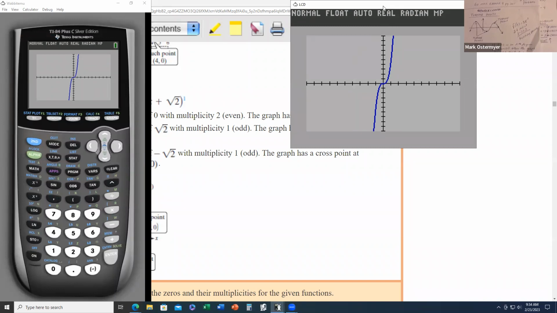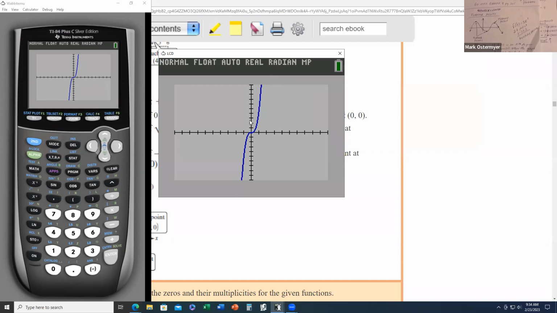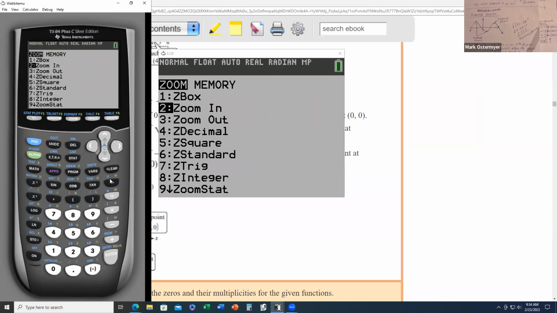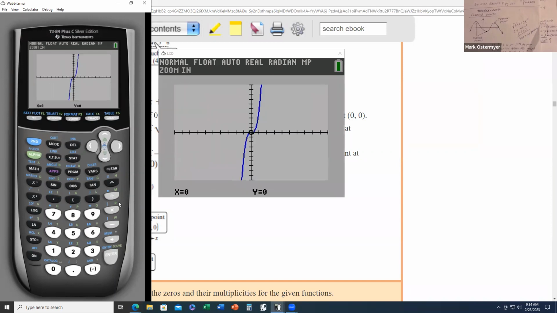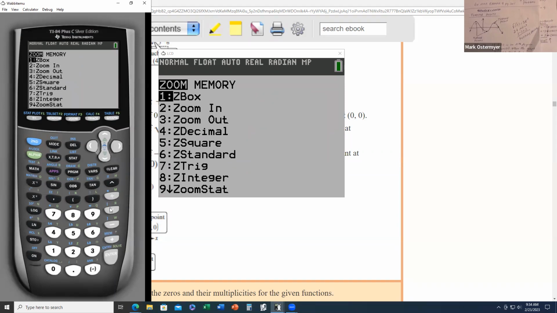Now, this is saying at most 2 turning points. It may have fewer than 2 turning points, but it can have no more than 2 turning points. Let's say I actually zoom in here at the origin. So really zooming into this graph here, and maybe even zoom in even more.